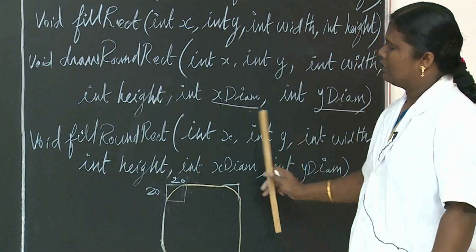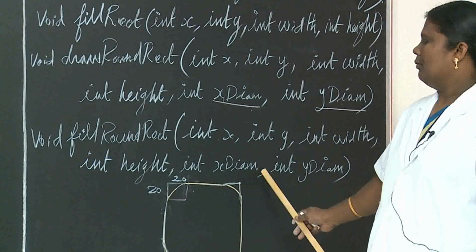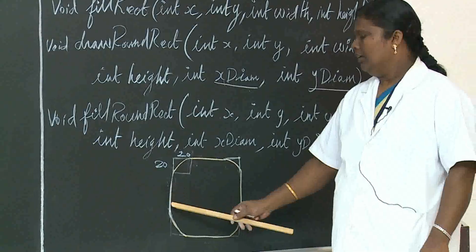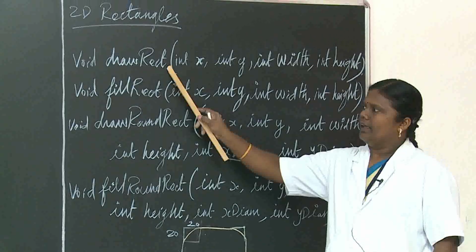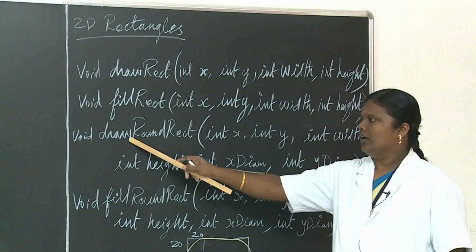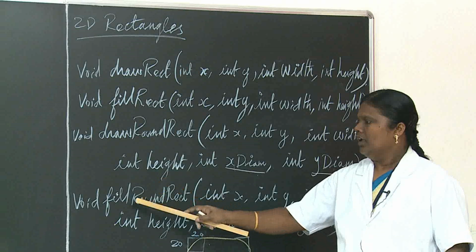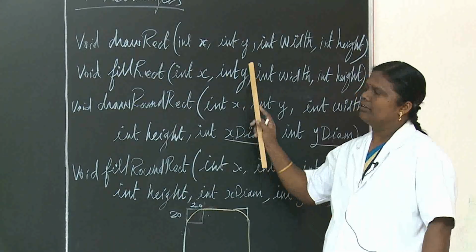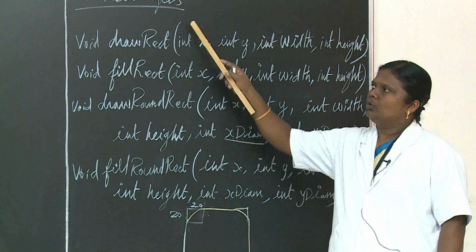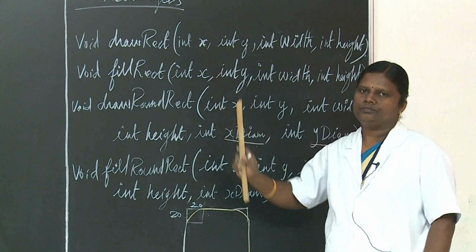We need to pass all these parameters in order to fill the round rectangle. So draw rectangle, fill rectangle, draw round rectangle, and finally fill round rectangle are the most commonly used functions in 2D rectangle drawing.